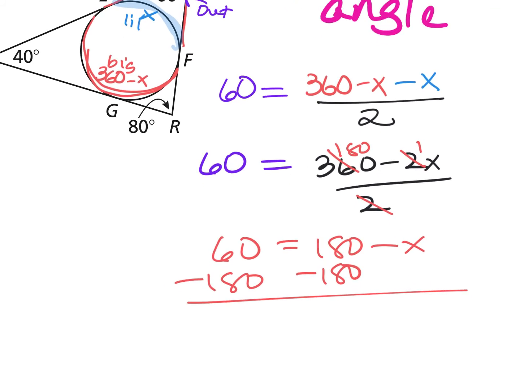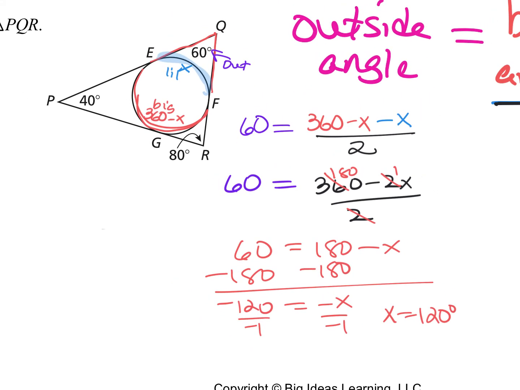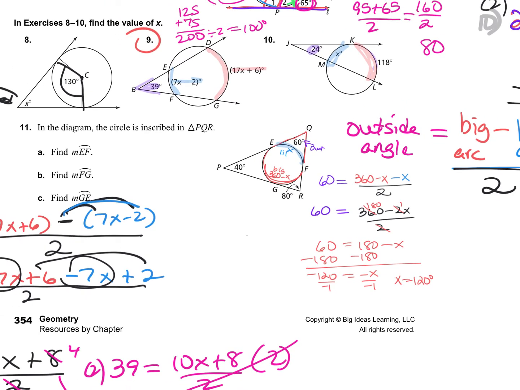Subtract. Negative 120 equals negative x. Divide by negative 1. I can't have a negative variable. So EF is 120. I can now repeat and use this exact same formula to find FG and GE.